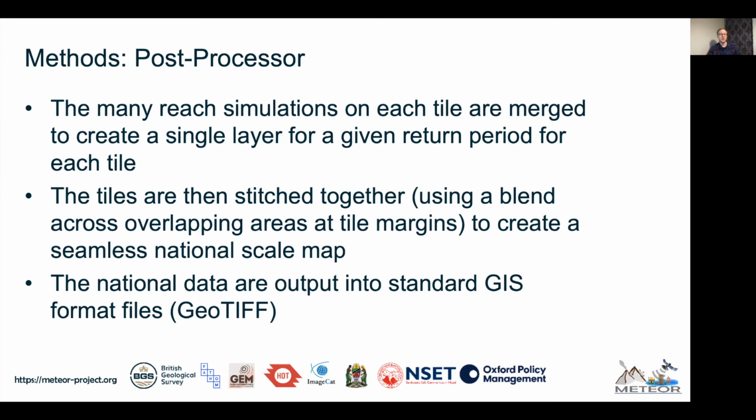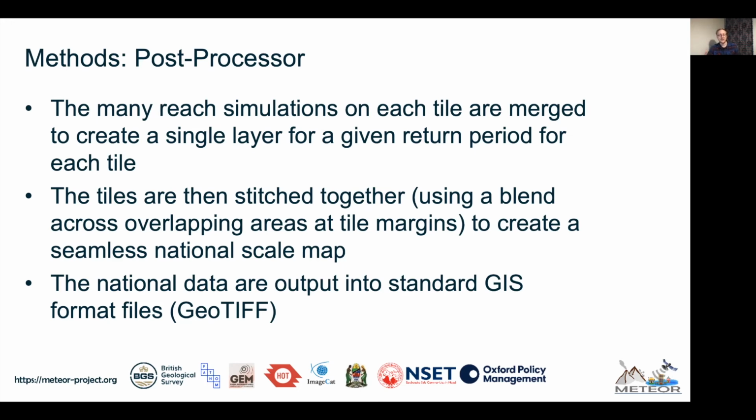The final stage of the process after the simulations have run is to pull together all of the different reach simulations within each tile and merge them, and then merge each tile to create a national scale layer for each return period. Now, this might sound trivial, but there will in fact be many thousands of simulations for each layer that are performed.